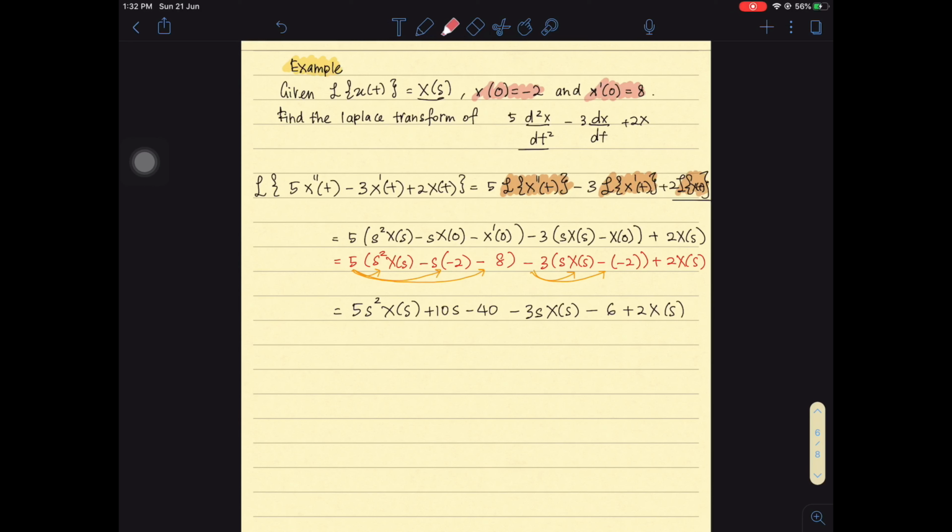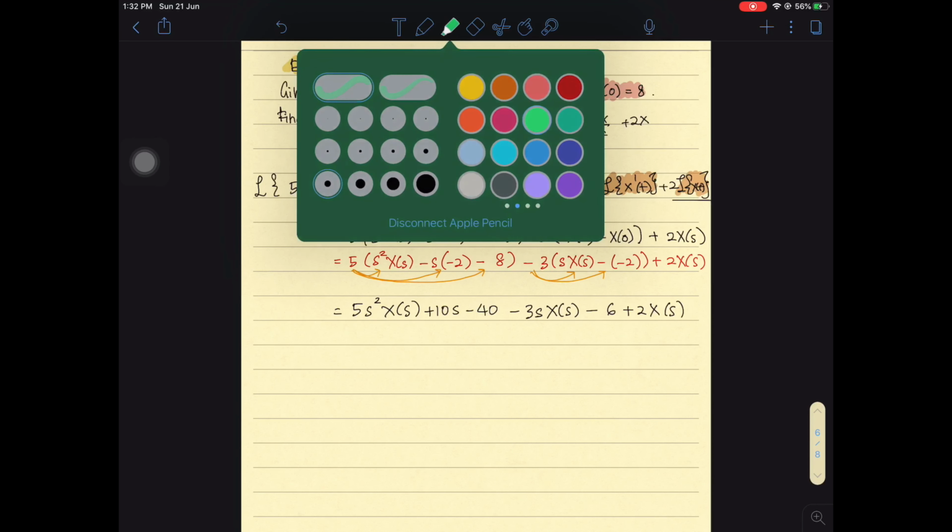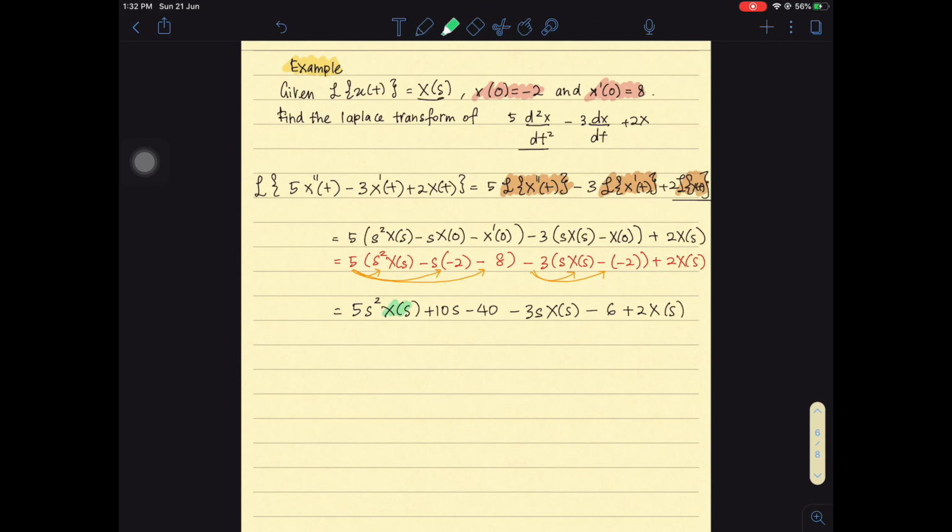Let's collect the same variable together. So what you will have here is X(s) here, X(s) here, and X(s) here. Let's collect them together. We can put in the bracket 5s squared minus 3s plus 2, and outside of the bracket is the variable X(s).